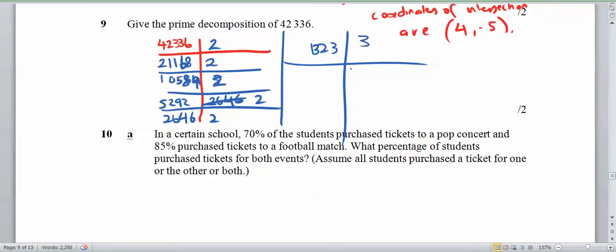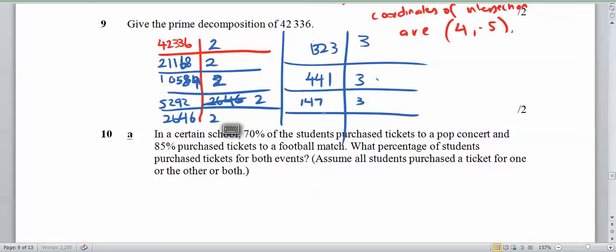That's going to give us 441, which we could then divide by 3 again to give us 147. Let's try to divide that by 3 again. This gives us 49.